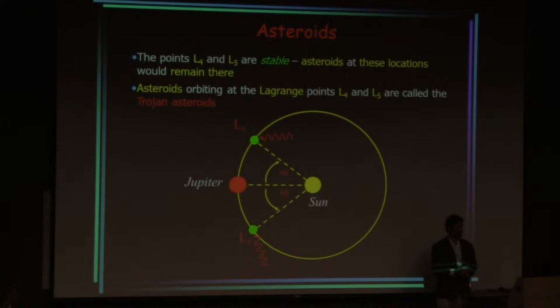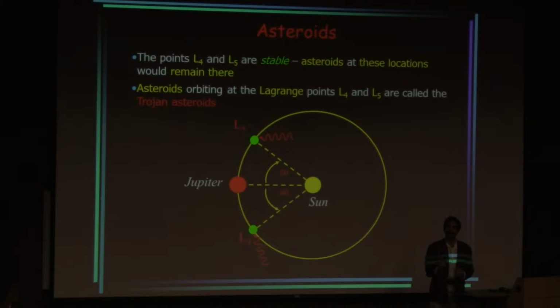Now when we look at L4 and L5, it's exactly the opposite situation. Those are stable points. If we take an asteroid sitting at L4 or L5 and we gently nudge it a little bit, it'll float back. Okay?